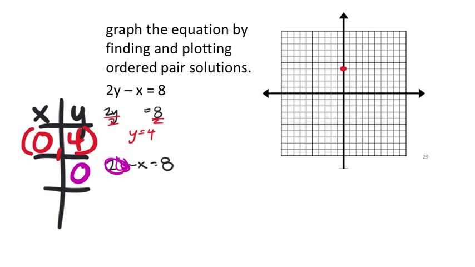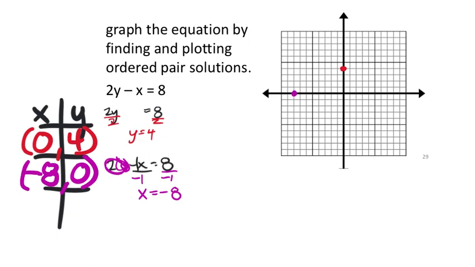I'm going to show this phantom -1 to divide both sides by -1, and that shows me that the corresponding x value is -8. So that gives me -8, 0, which is now another ordered pair I can put on the graph, right? -8, 0, I found it right there.